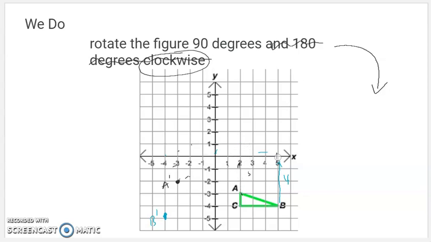Okay. And C last. Do C in red. So C, I've got to go up 4 over 2. So to get the new C, I'd go over 4 and down 2. C prime is going to be right there. When I do, I've got a nice rotated version of that triangle.